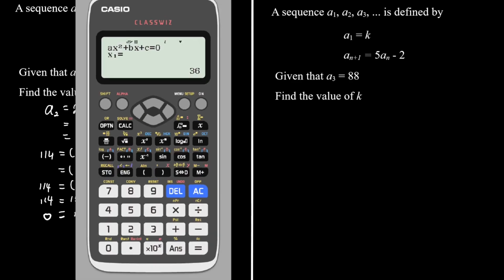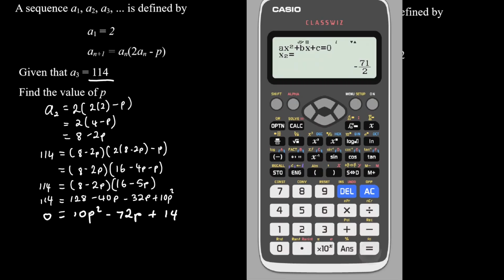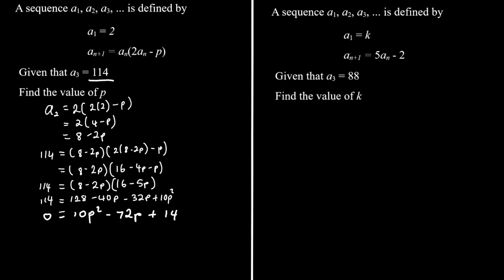And we'll just type it into the calculator. Let the calculator solve the quadratic. So we have 10p squared minus 72p plus 14. And we get 7 or 1/5.